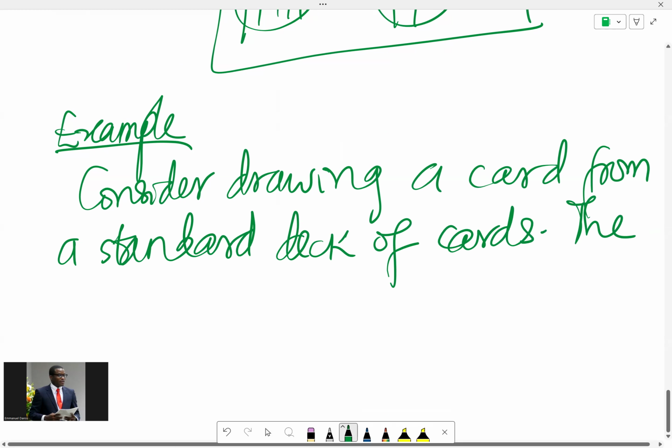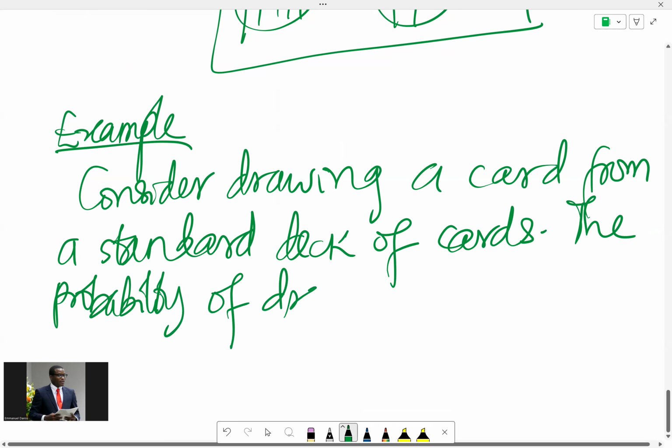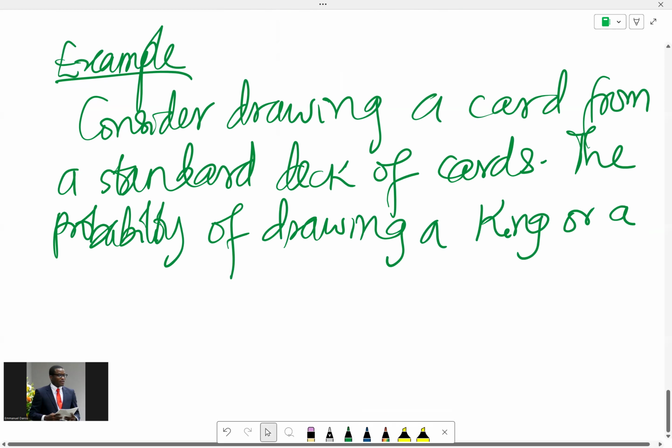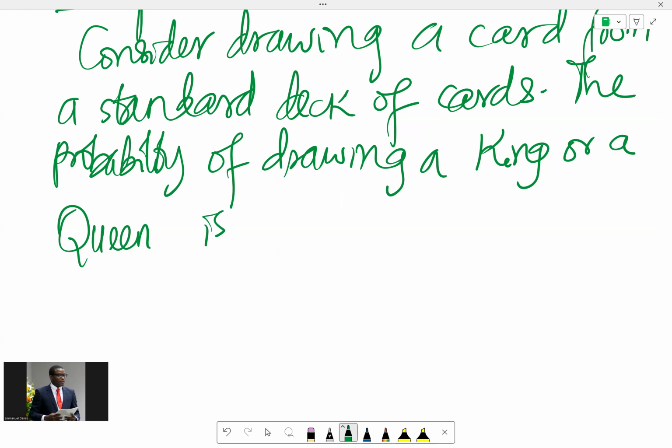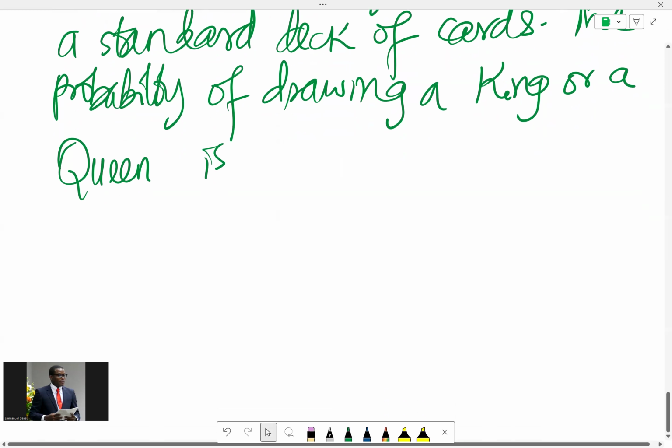So the probability of drawing a king or a queen is, now in this case, you see, you have distinct cards for kings and distinct cards for queens. So you don't have a king-queen card, right? That's why the event in that case is mutually exclusive.